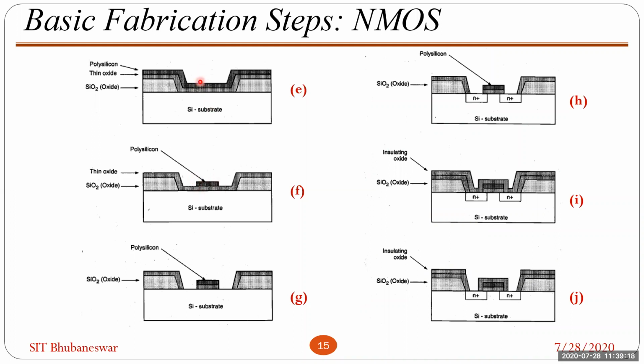So that's why we will use that type of mask which will remove all this. The mask will be like that, so we can remove this part. Only this part, the light will not fall on this. Only this part.